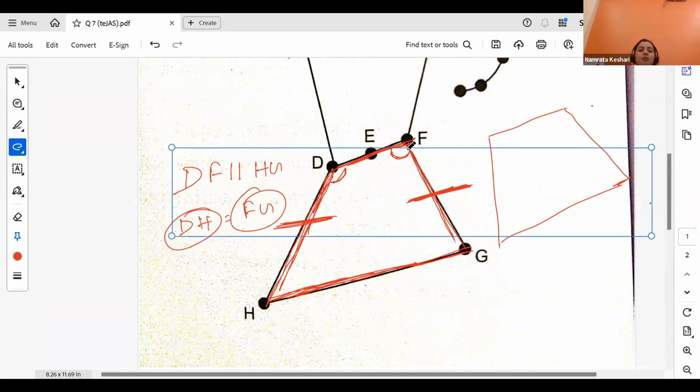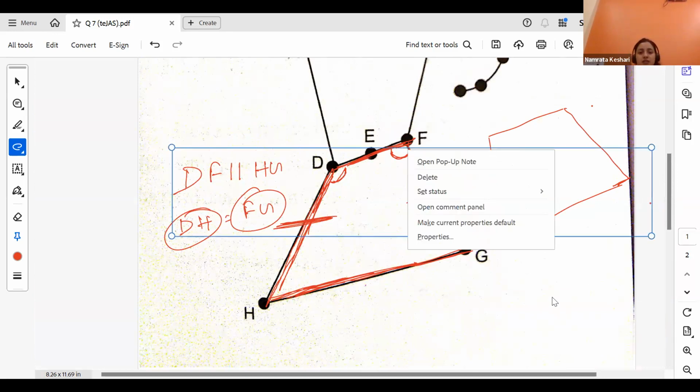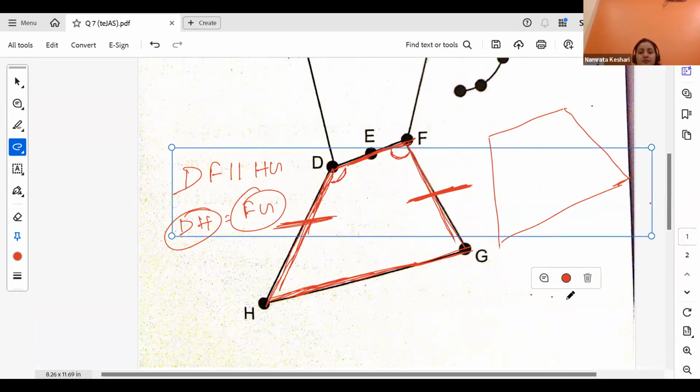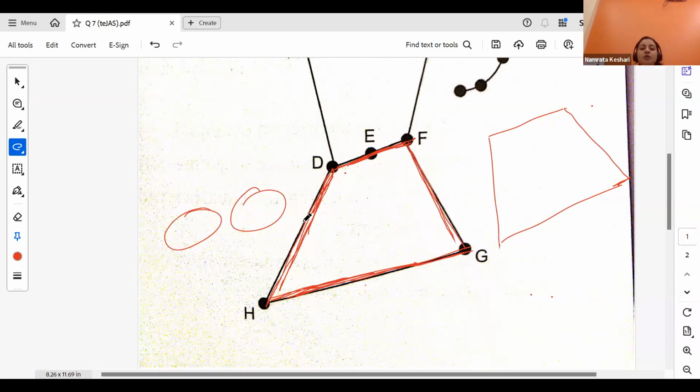Now, what is the relation between angle D and angle F? Let's think about it. What will be the relation? In a trapezium, we know that we have a pair of parallel lines, and the sum of this angle and this angle will be 180 degrees, right? Yes, everyone. Are you able to recall?